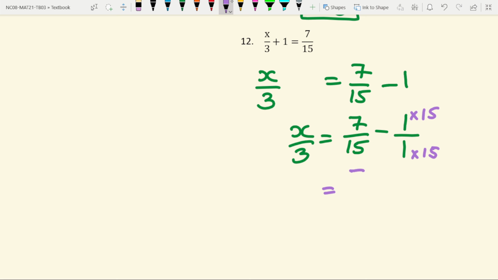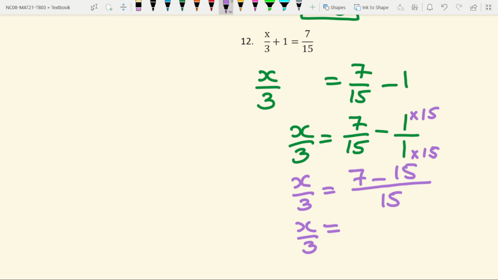So the equation will turn into 7 minus 15, whole divided by 15, because both the denominators have become 15 now. Here x by 3 is remaining, so we'll copy x by 3 as it is. We are not changing the LHS now, we are just solving the RHS.